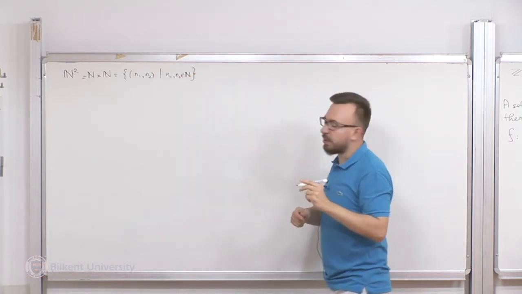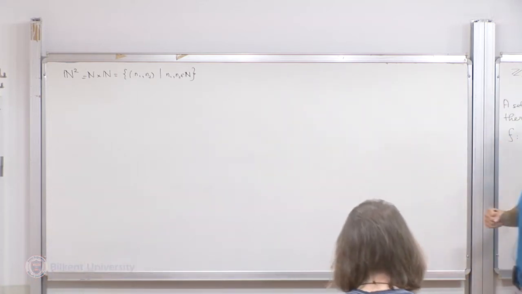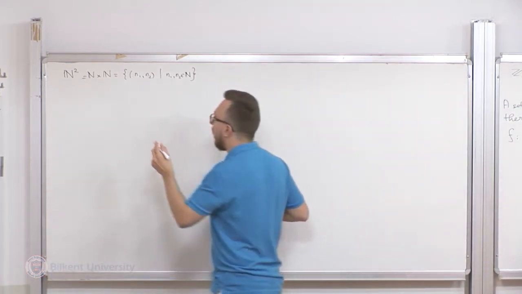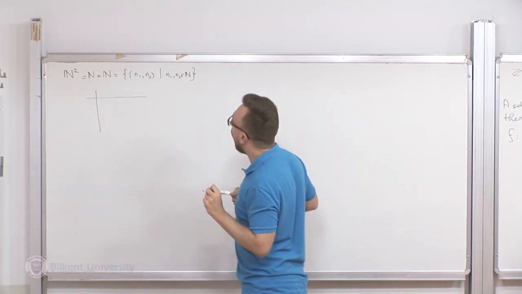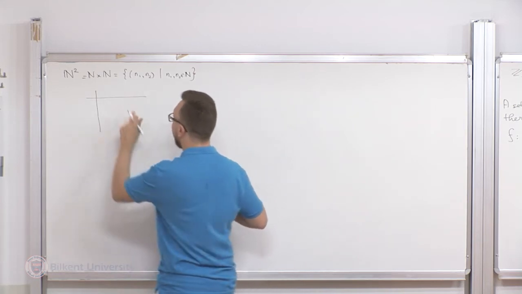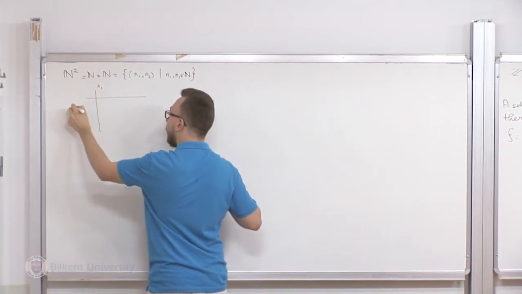This set is countable. And if you want to know why, I have a way to count the elements of the set. So let's say we have n1 here and n2 here.